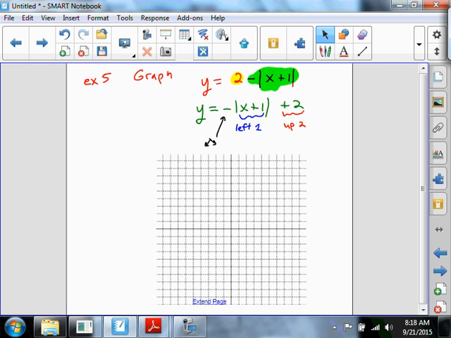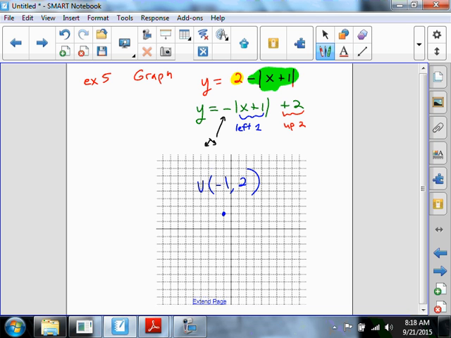So I like to locate my vertex first. My vertex is not going to be at 0, 0. We said not only is it going to be left 1, but it's also going to be up 2. So that's the location of my vertex. My vertex in this particular graph is going to be at -1, 2. Okay?